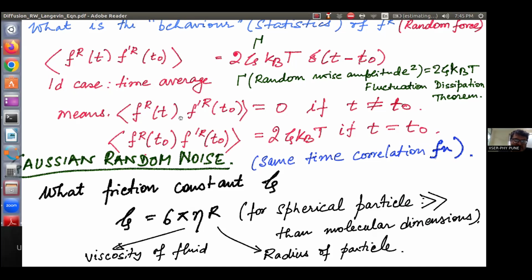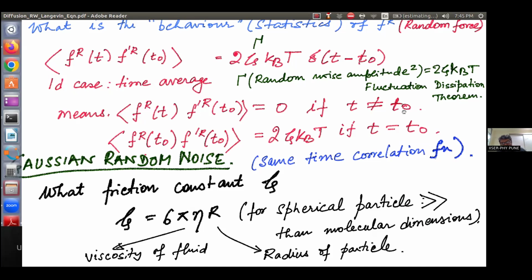Where does this delta(t minus t0) come from? It means that if you take two forces at two different instances in time and multiply them, one could be positive, being kicked in the positive direction, and at a different instant the force might be in the negative direction. But when you multiply all such pairs and take a time average, it is equal to 0 if t is not equal to t0. It is delta correlated.